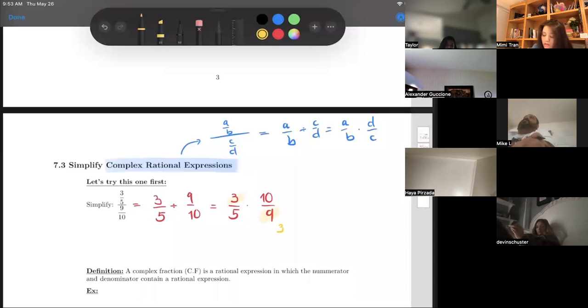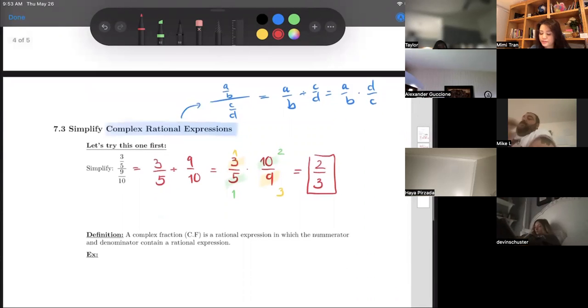And then 10 and 5: 2 up here, and 1 down there. So multiply across. 1 times 2 is 2, 1 times 3 is 3. Or you can just say 3 times 10 is 30 divided by 5 times 9 is 45, and then simplify from there. But I like to leave it like that and then simplify.